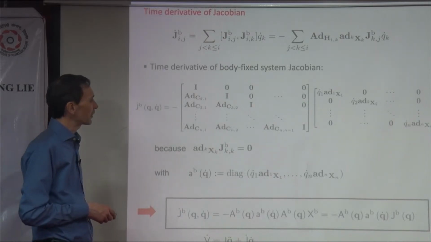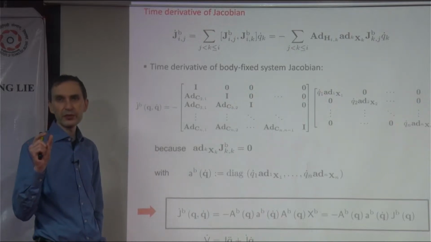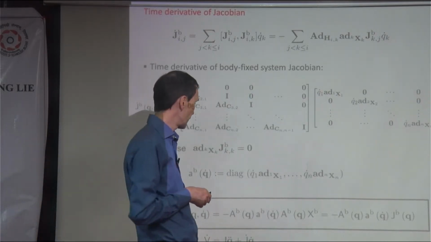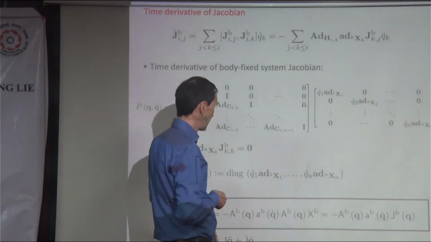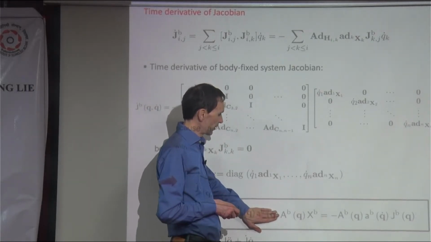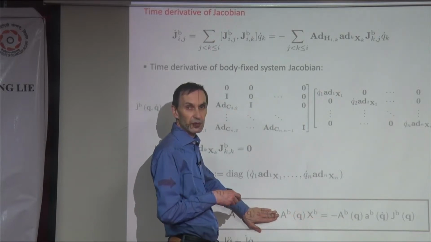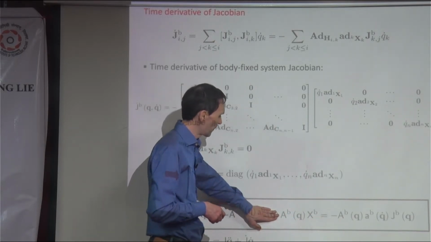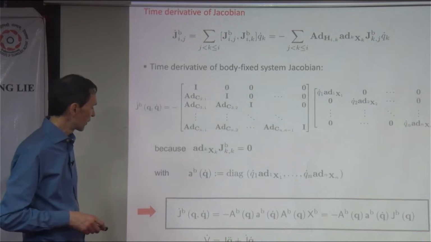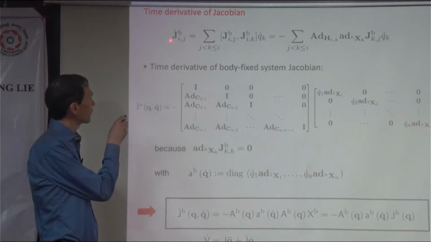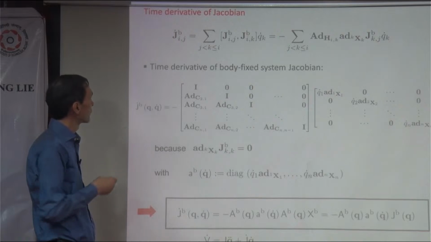Remember that we had this factorization for the system Jacobian: J was equal to A times X. That is what we came up with. And now I'm interested in the time derivative of the system Jacobian, and I can use this result for the Jacobian of body I.